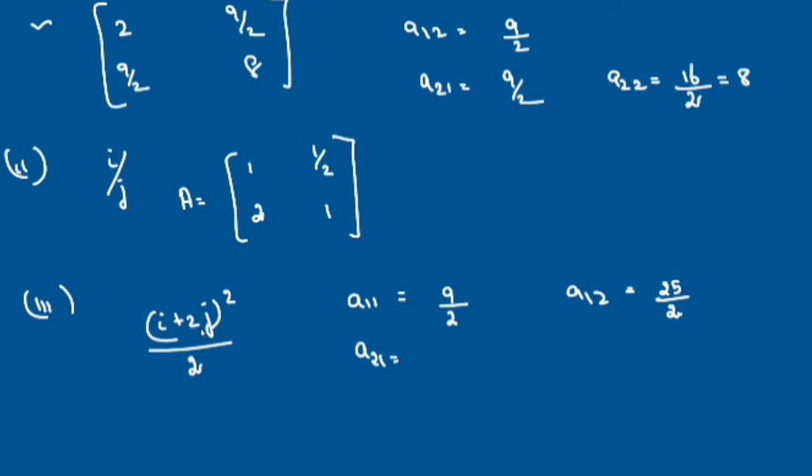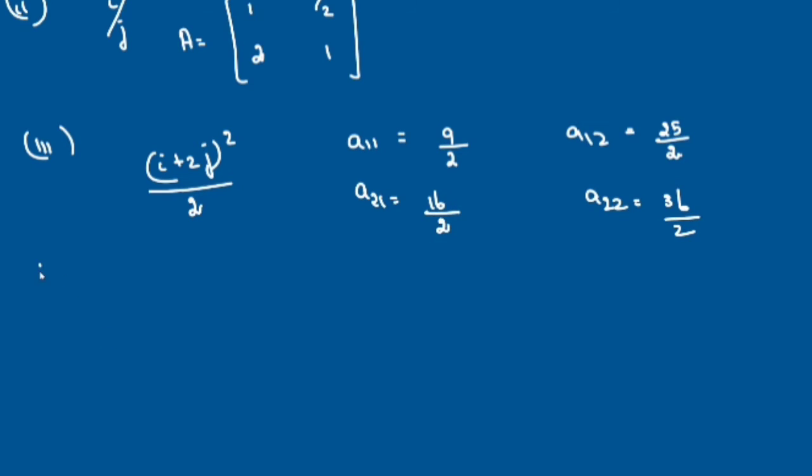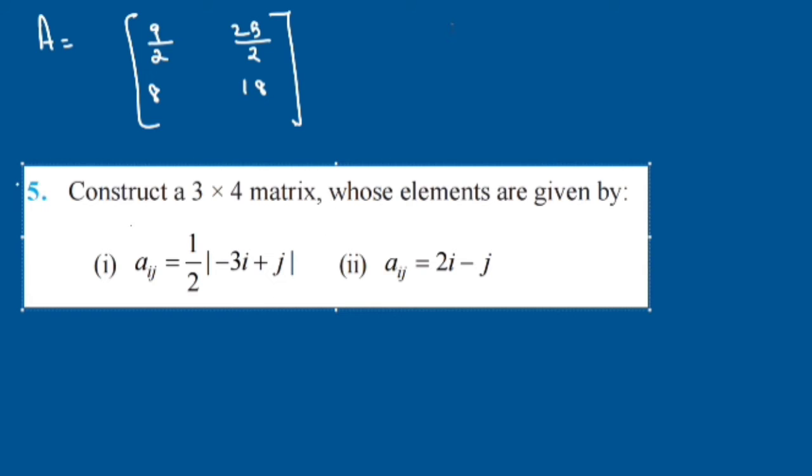A21, this is 2 plus 2, 4, 4 square, right? 16 by 2. A22, this is 4 plus 2, 6 square. So the matrix is 9 by 2, 25 by 2, 8 and 18.